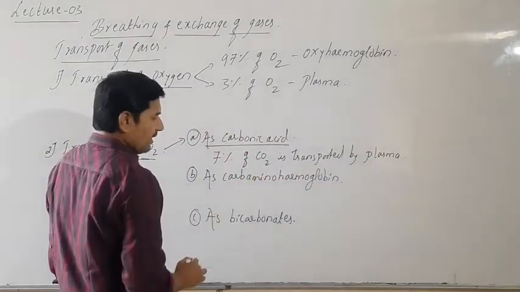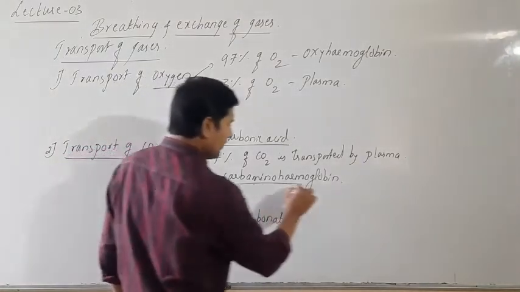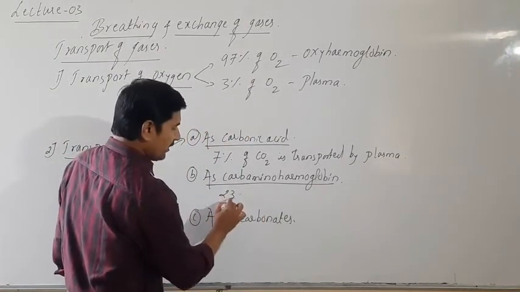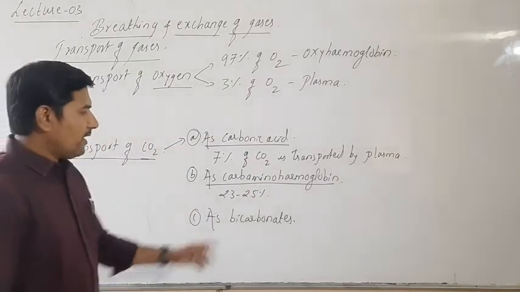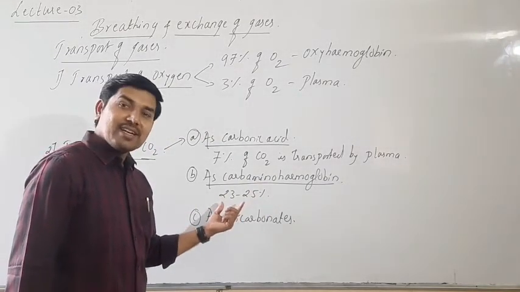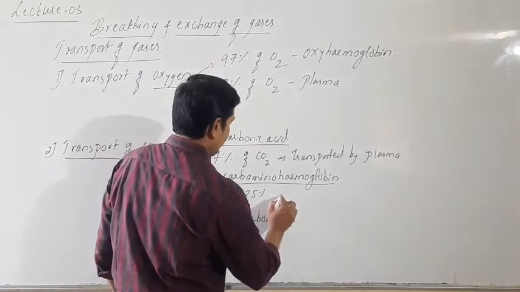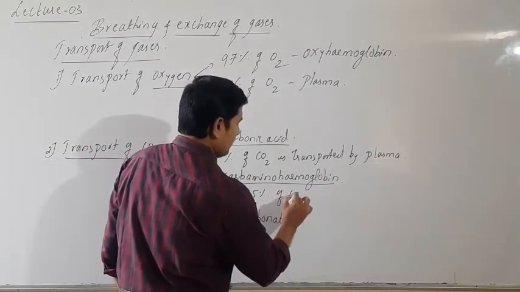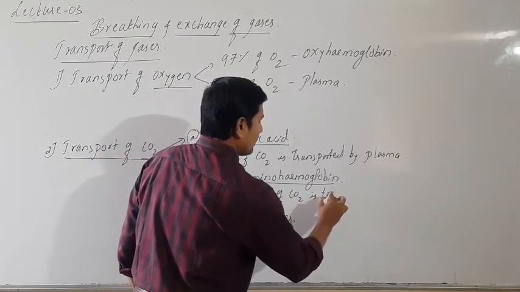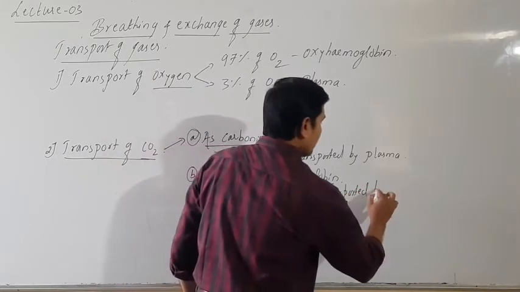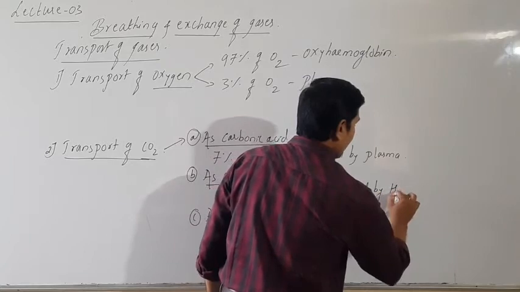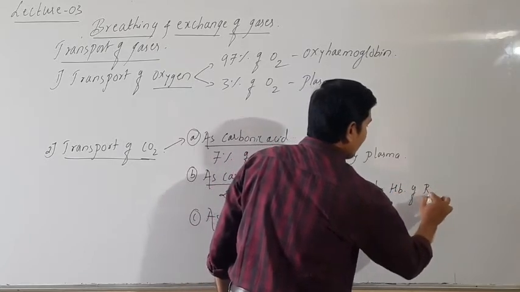As carbamino hemoglobin, around 23 to 25% of carbon dioxide is transported by the hemoglobin of RBCs.